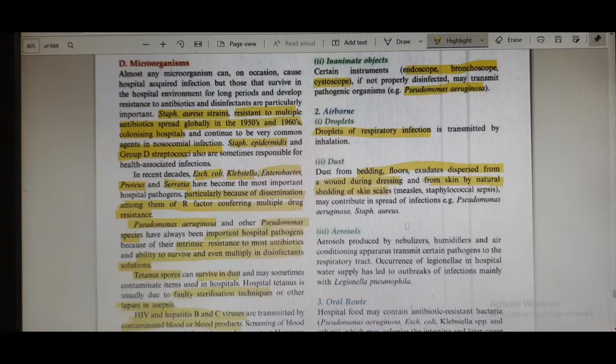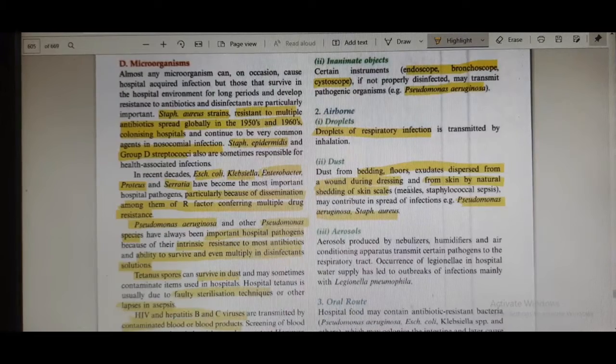Pseudomonas aeruginosa and Staphylococcus aureus are the microorganisms that cause infection by spreading through these dust particles. The dust could be from the bed or the floor, or the exudates, in the sense of secretions released from a wound, or a wound being dressed with gauze and cotton.